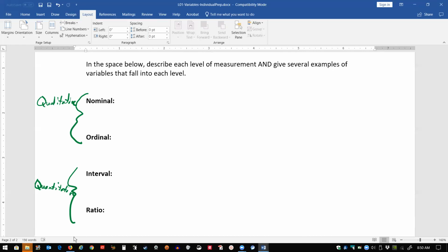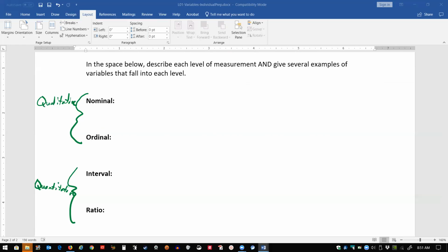So what do these mean? Just because nominal and ordinal represent qualitative data, both of these should represent categories of things, classifying the subjects in our study as some kind of category or group.